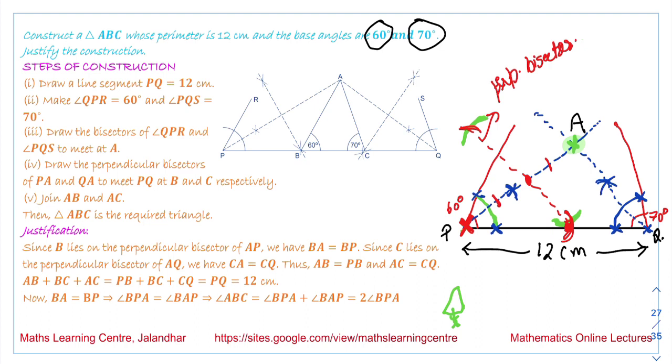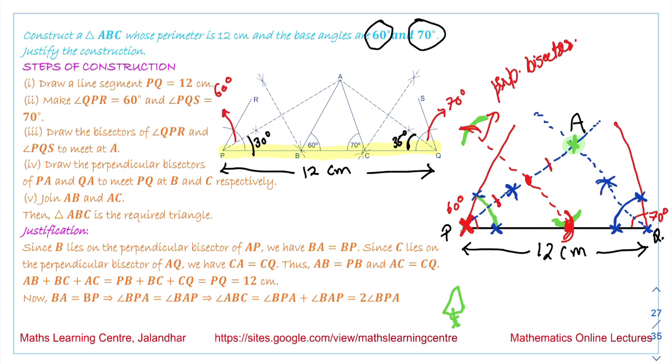I am explaining in this figure what we have done right now. We have drawn this line PQ. The length of this line PQ is 12 centimeters. Then we have drawn this angle over here, this is 60 degrees, and this angle over here, this is 70 degrees. We have drawn the bisectors of these angles. This angle is 30 degrees, and this angle is 35 degrees.